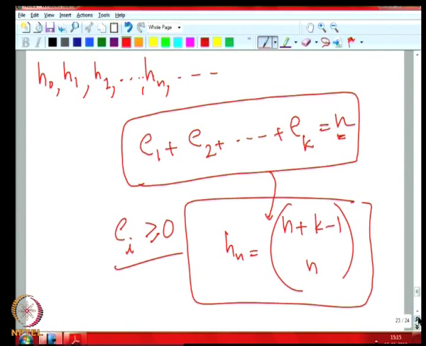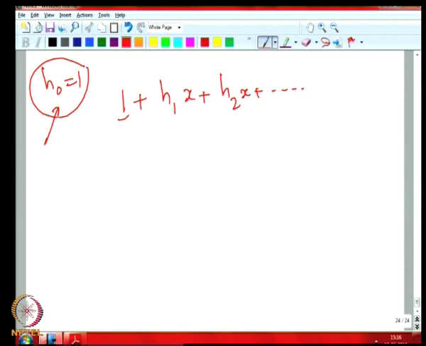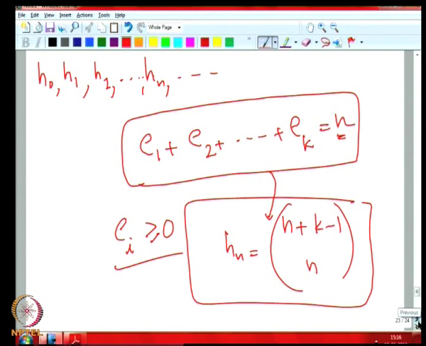Here we want a generating function like 1 plus h1x plus h2x squared plus and so on, where I am taking h0 equal to 1, the number of integer solutions for n equal to 0. In how many ways can you do that? 0, 0, 0, 0, that is definitely equal to 1.